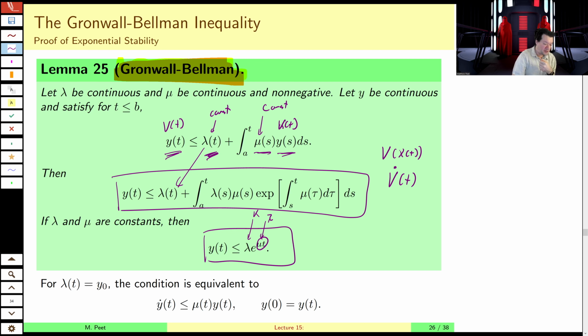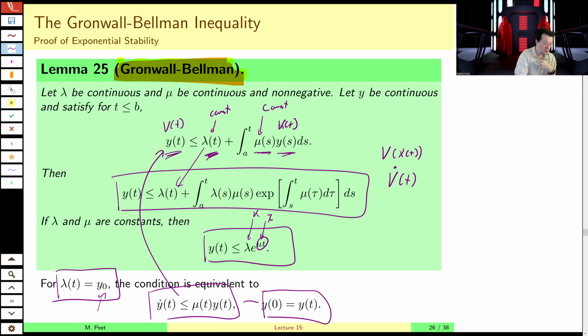In particular, if we have an initial condition, for example y naught for our gamma, then we can conclude that this condition implies this.